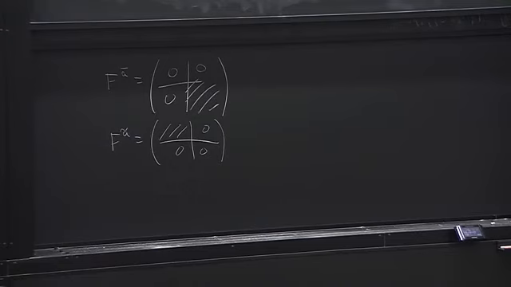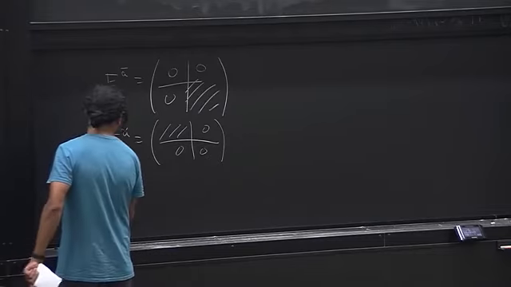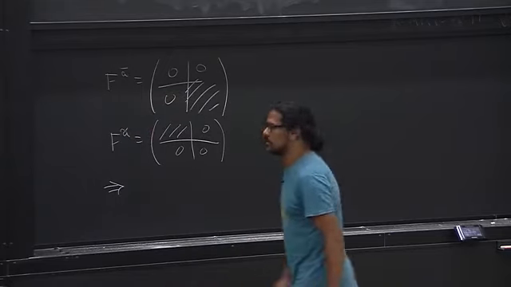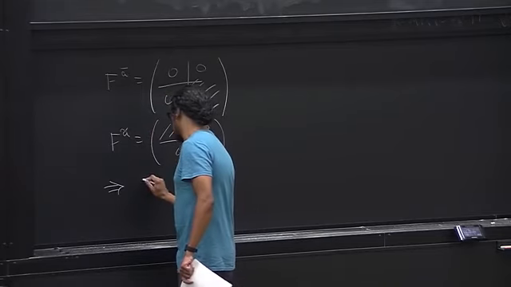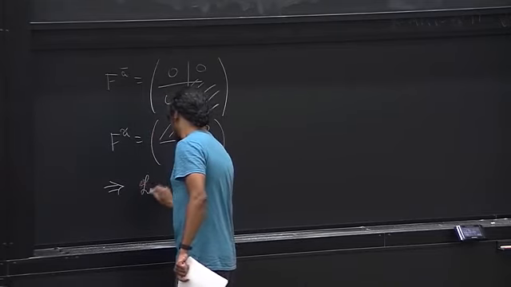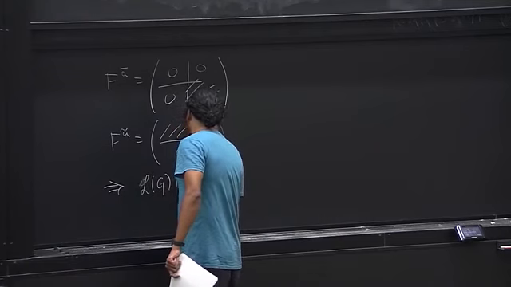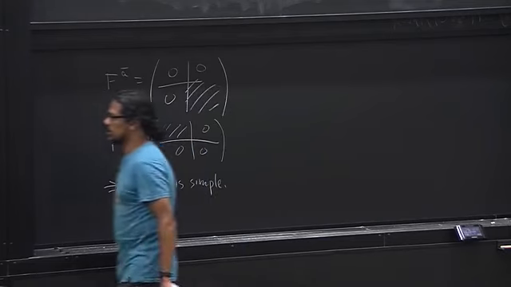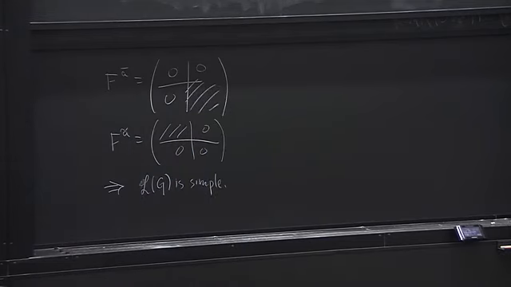If they're invariant subalgebras, that means that the group is not simple, and therefore our assumption that it forms a reducible representation cannot be true.